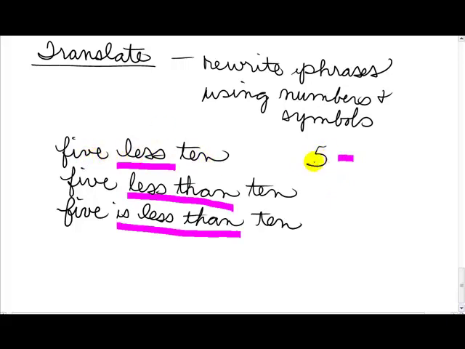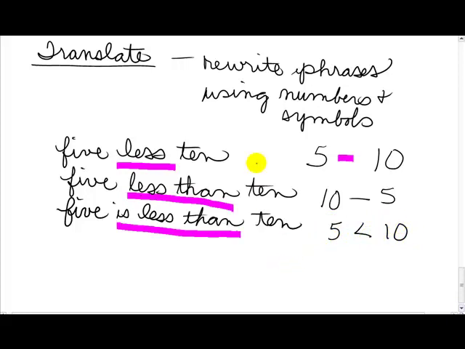So we'd have 5 minus 10. But with less than, we're still subtracting, but the 5 is going to come to the back. And 5 is less than 10 is an inequality. 5 is less than 10.